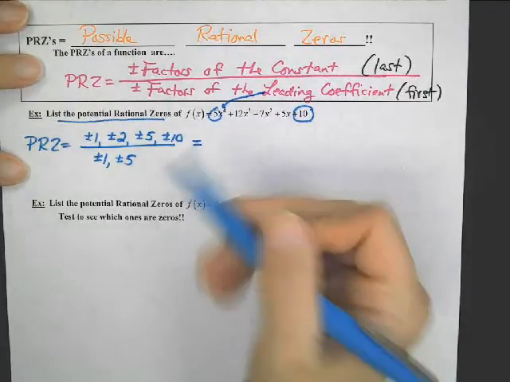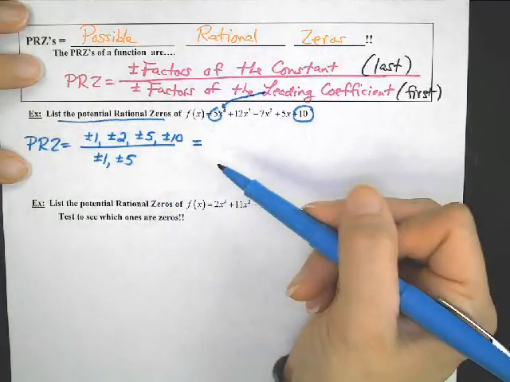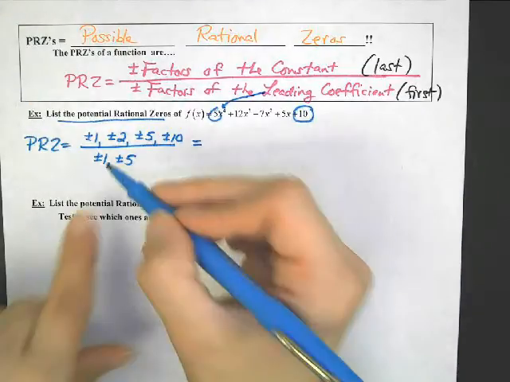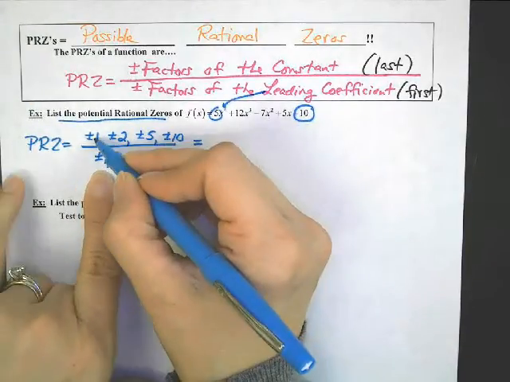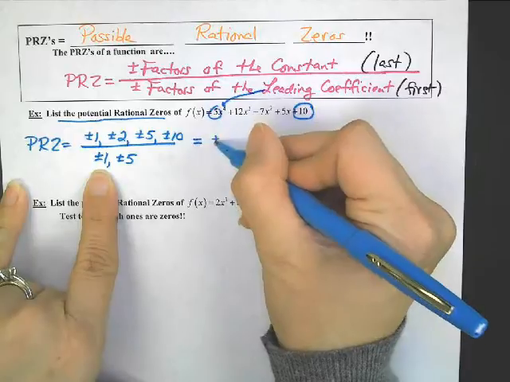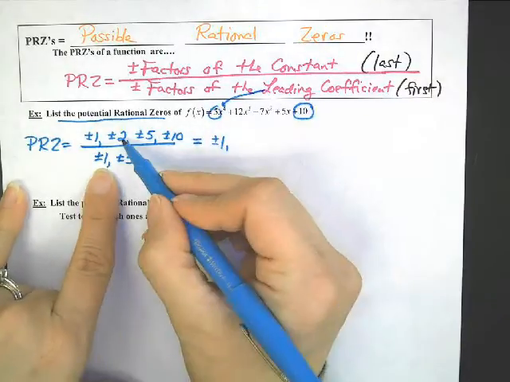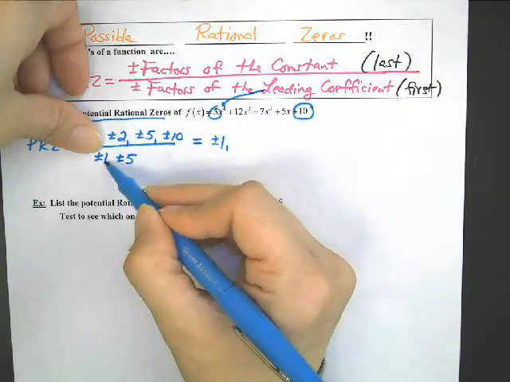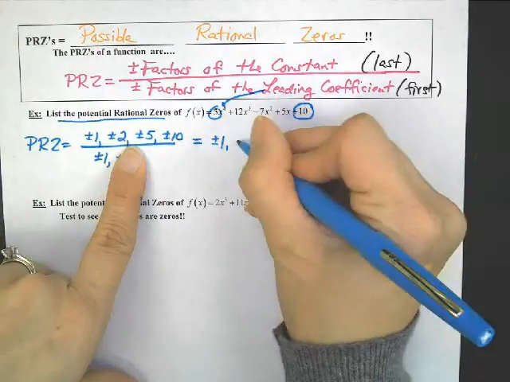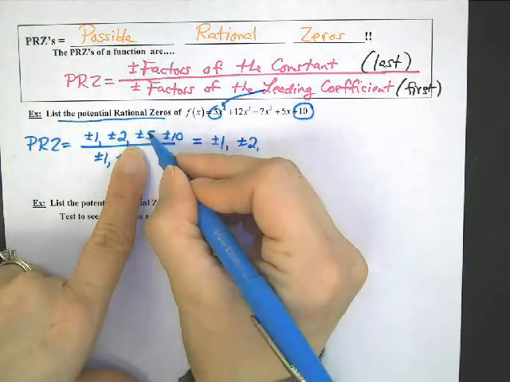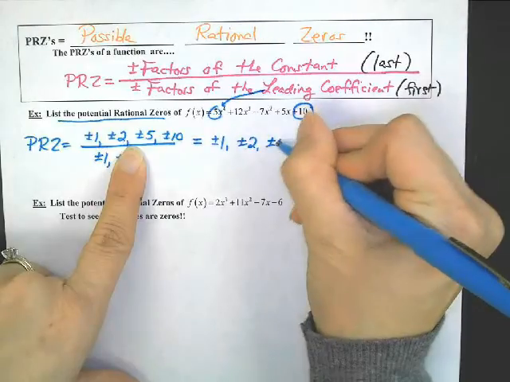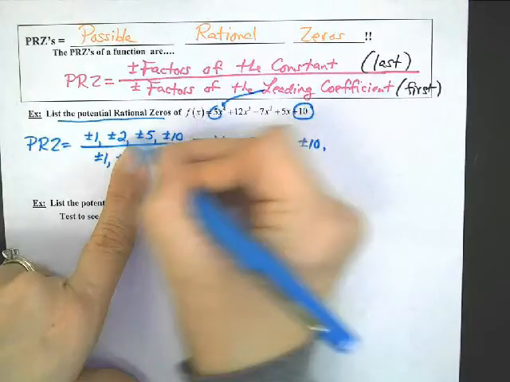Now what you have to do is make every possible combination. For example, let's start with the 1. 1 divided by 1 is plus or minus 1. Take 2 and divide him by 1. 2 divided by 1 is plus or minus 2. Then 5 has to go over 1, and then 10 has to go over 1.